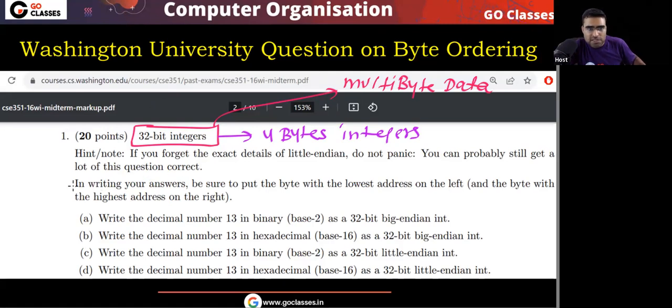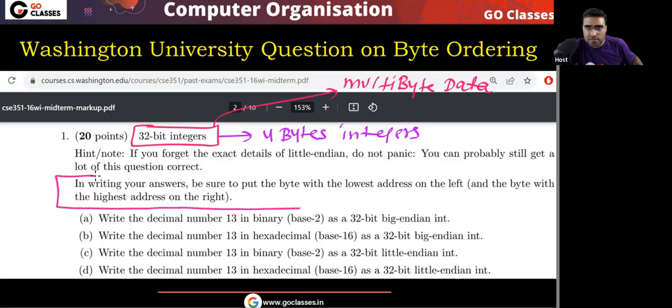Now, you can see here, what is the first question? The first question is, write the decimal number 13 in binary as a 32-bit big endian integer. Okay, so what we need to do is write decimal number 13 in binary as a 32-bit big endian integer. But read this statement.